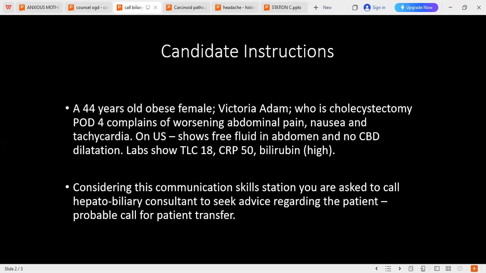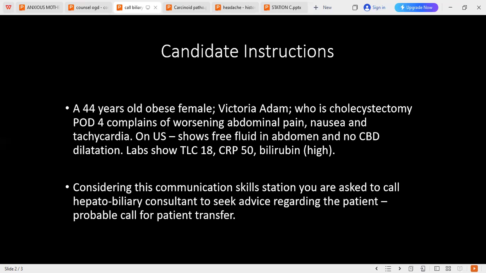The available investigations showed that the CRP is high, bilirubin is high, and the white cell count too is high. The ultrasound showed free fluid in the abdomen. I'm calling because there are concerns that there could be a bile duct injury or bile leakage, and this patient will need urgent intervention. All right. When were the blood labs taken?